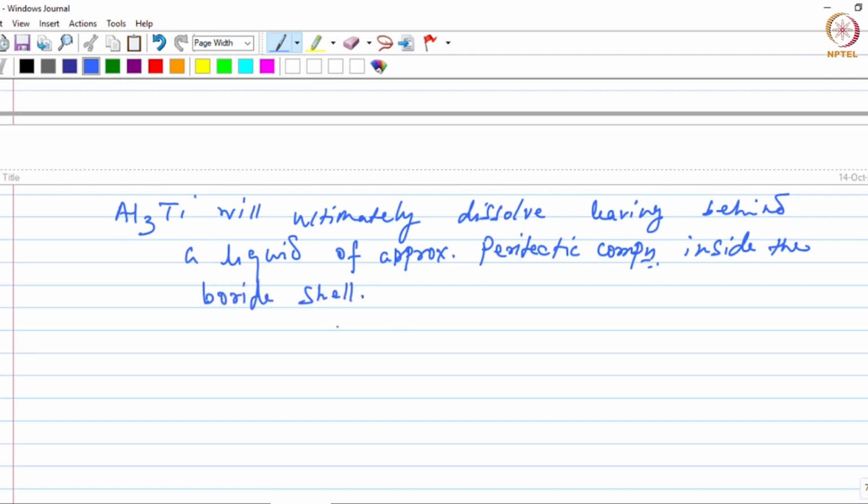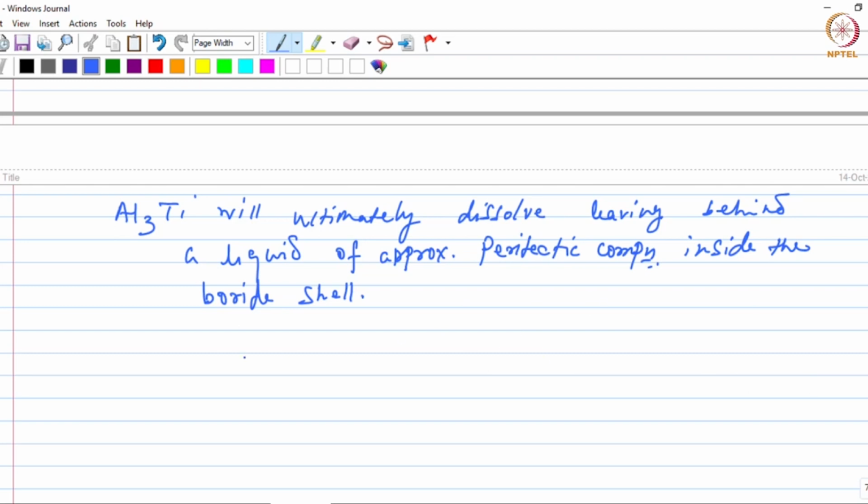Right, so the boride shell that forms essentially slows down the dissolution of Al3Ti particles so that it can act as a nucleating surface till a particular period of time, and eventually once the grain refinement has happened, this will dissolve, leaving behind a liquid of approximately peritectic composition inside the boride shell.